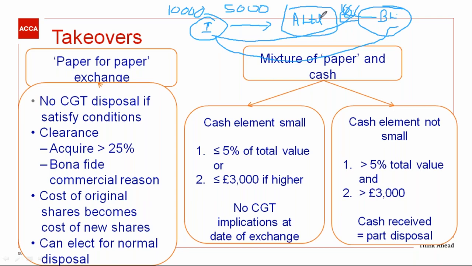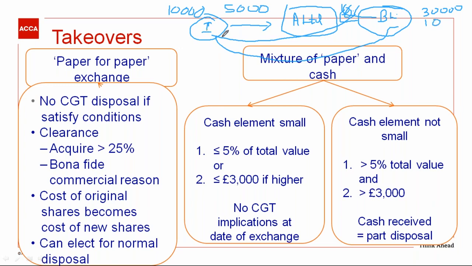So that means B Limited is required to pay this particular individual for these 5,000 shares that they have bought. Assume B Limited has paid 30,000 pounds cash for these 5,000 shares that they have bought from this individual, who himself has bought them for 10,000 pounds in the past.